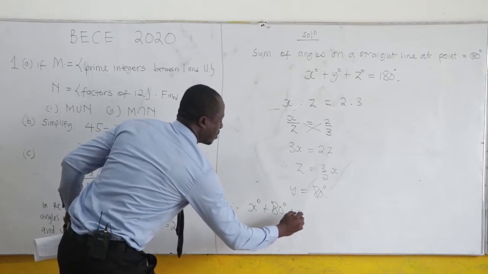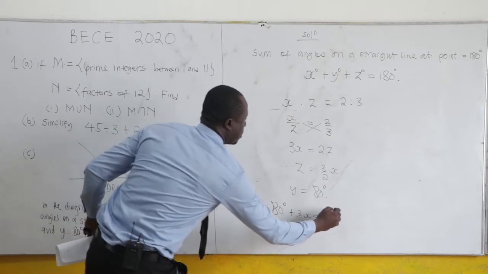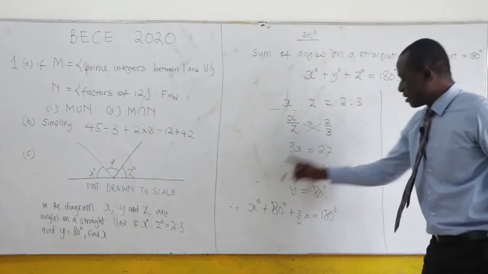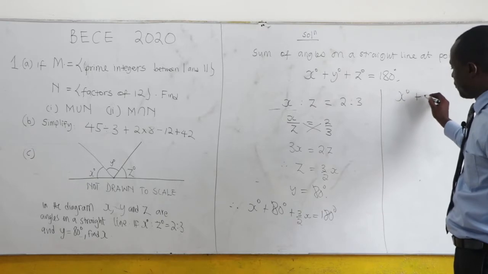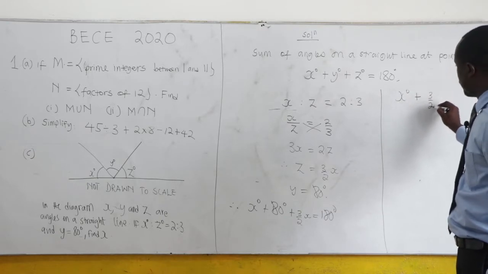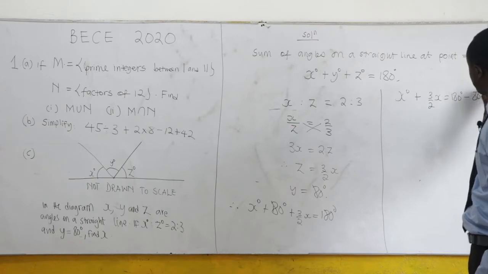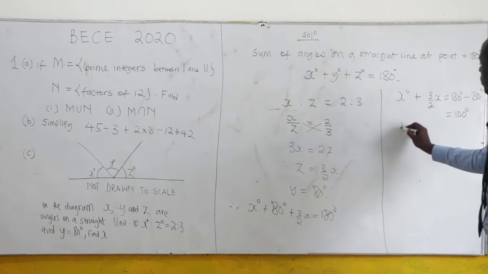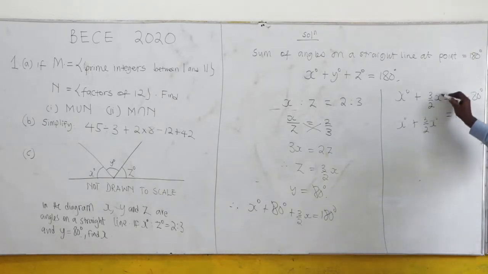What is my z? 3 over 2 x, equal to 180 degrees. Now this can come here, so we have x degrees plus 3 over 2 x equal to 180 degrees minus 80 degrees. This is giving us 100 degrees. We have x degrees plus 3 over 2 x degrees.